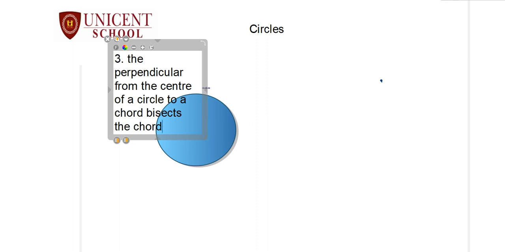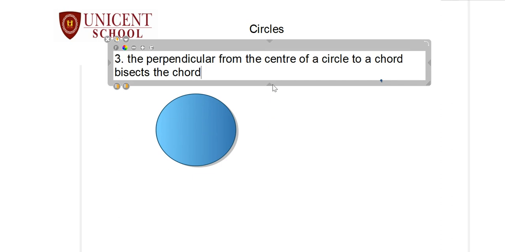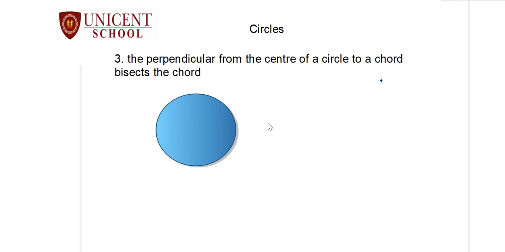So this is the theorem 3 statement. Let us read the statement once again: the perpendicular from the center of a circle to a chord bisects the chord.